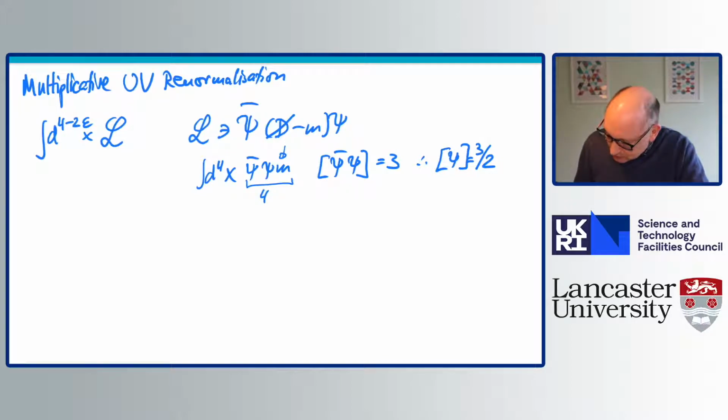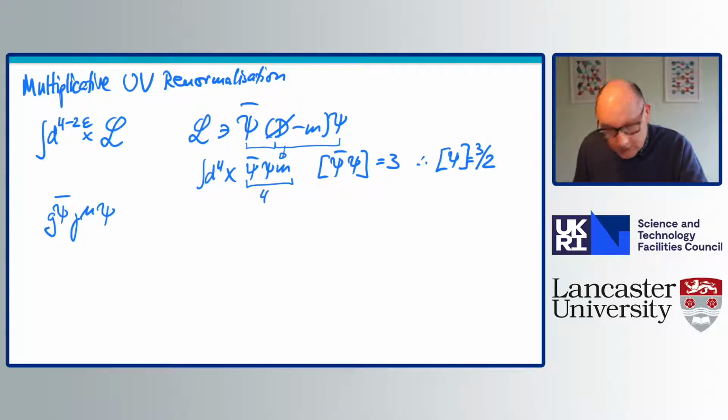Now, this term couples the psi bar with an A mu and a psi. So there's an interaction term between the gluons and the fermions, g psi bar gamma mu psi A mu.